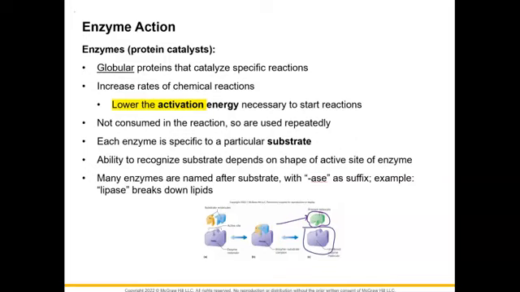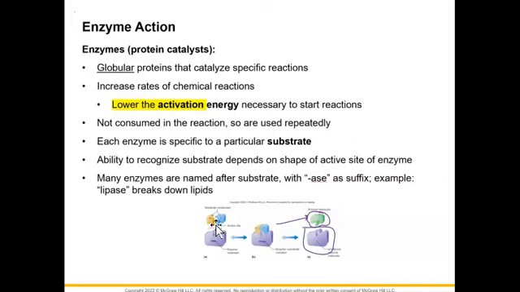So these enzyme molecules are very specific to particular substrates. Now, as you can hopefully appreciate from this image, the ability of an enzyme to recognize a substrate depends on the shape of what we call an active site of that enzyme. So the active site is the site where the enzyme is actually recognizing and binding to the substrate molecules.